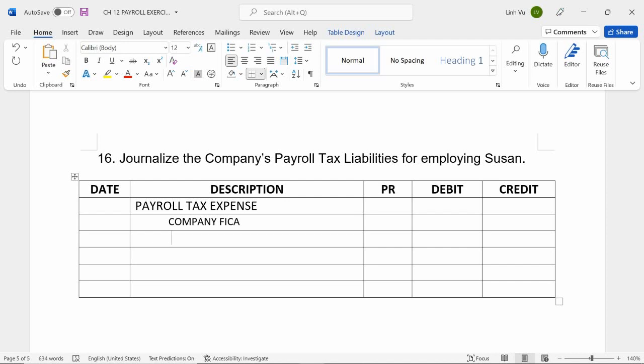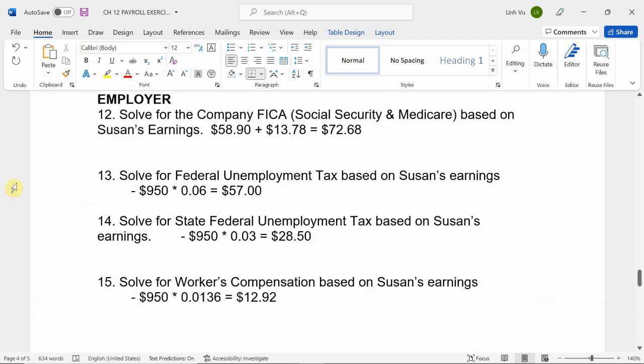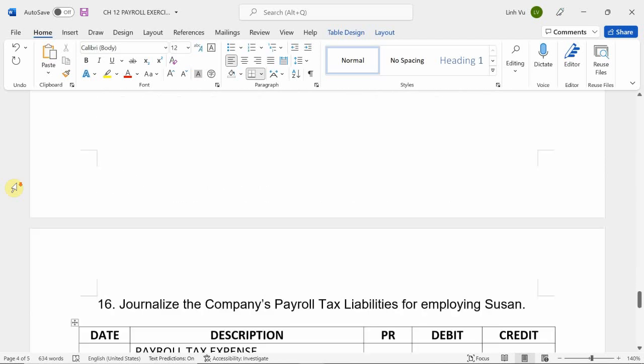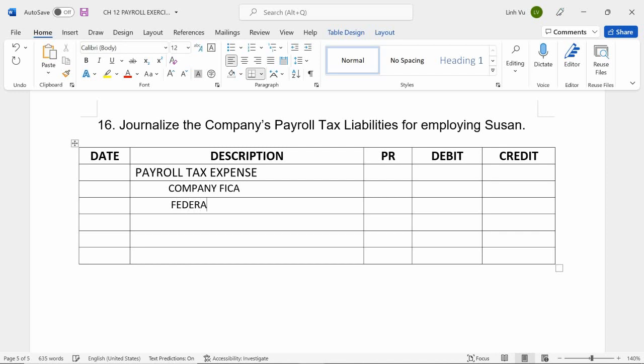Federal and what else? You have to pay the federal, which is national, right?